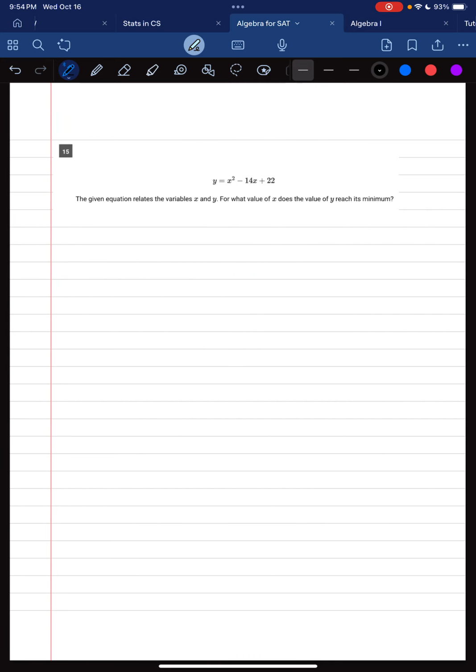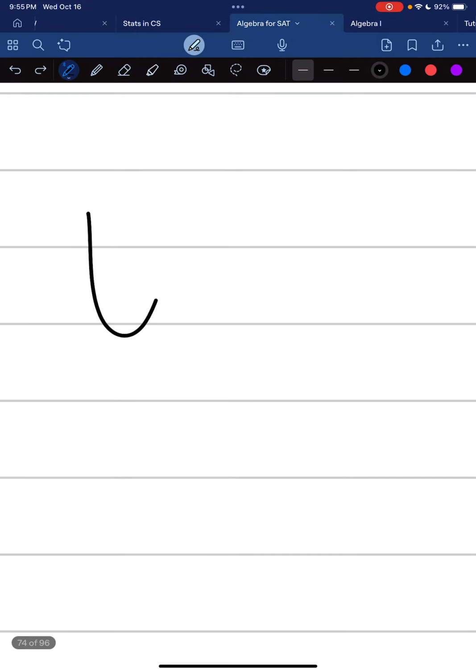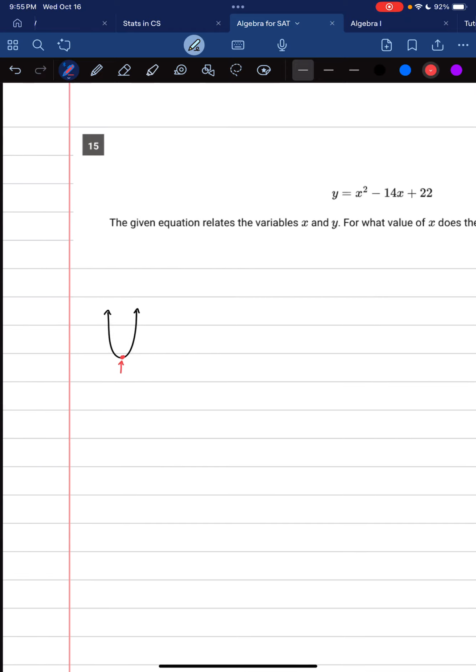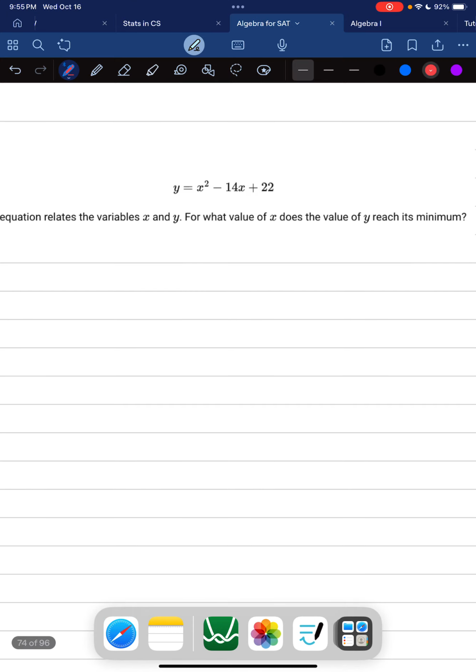It says a given equation relates variables x and y. For what value of x does the value of y reach its minimum? So we can see that this is a quadratic equation. It's the equation of a parabola, and whenever you have an upward opening parabola like this, the minimum is going to be at its vertex. So all we need to do to find the minimum is just graph it and see where its vertex is.